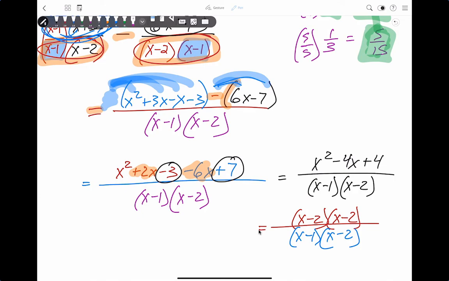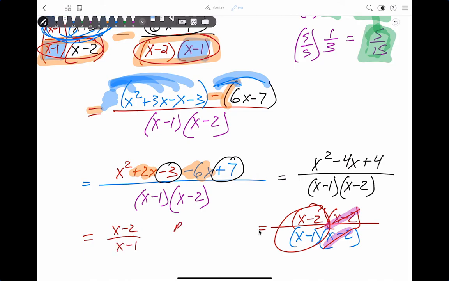One of these will cancel with that x - 2 piece. Not both of them. You can't do one cancellation for 2. It's basically 1 for 1. That's that form of 1, (x - 2)/(x - 2), and then this is all that remains. So my final answer will be (x - 2)/(x - 1).